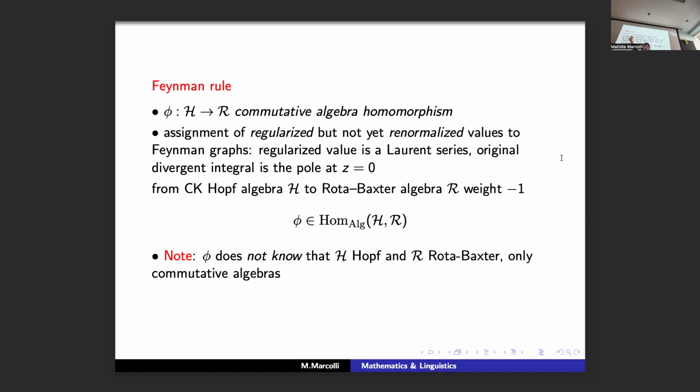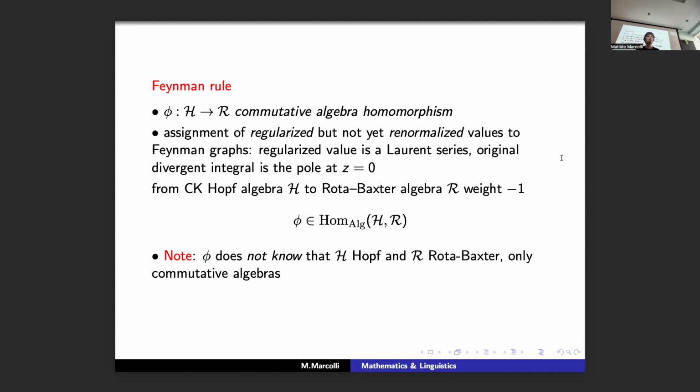What you need on this side is a projection that allows you to separate out divergences and non-divergences, like Laurent series. You're not trying to put a coproduct on Laurent series. What is good about Laurent series is that you have a polynomial in z inverse and a series in z, and you can separate out these two.